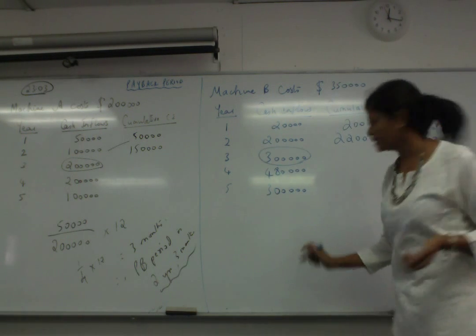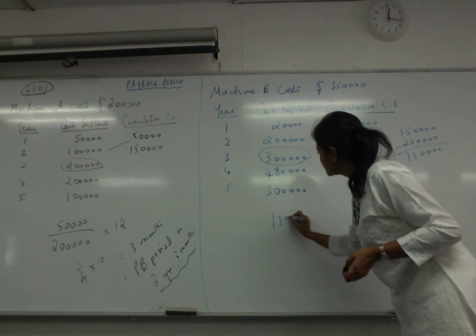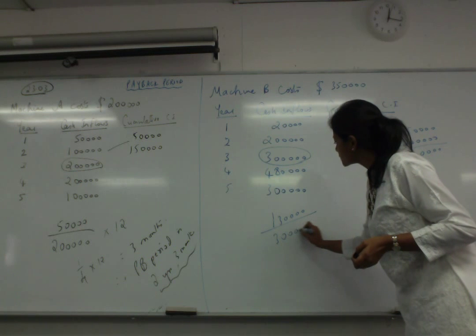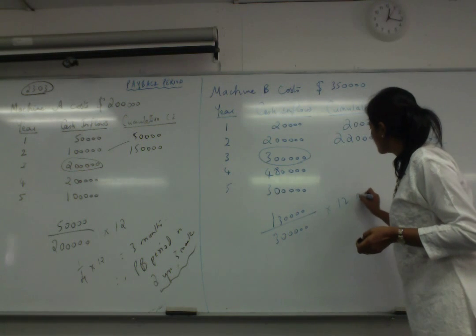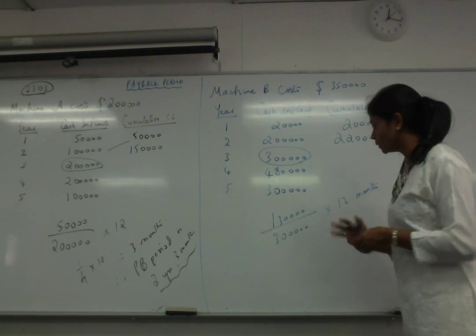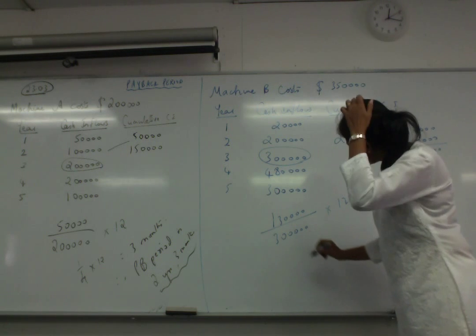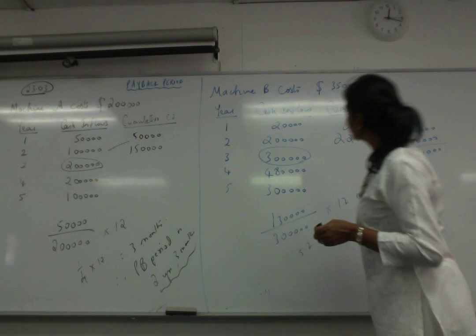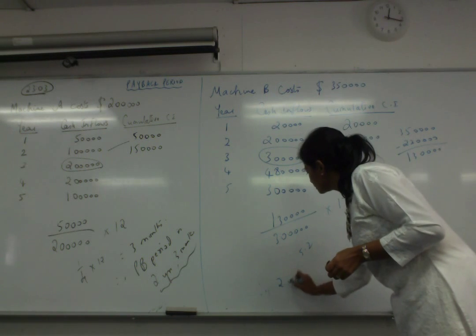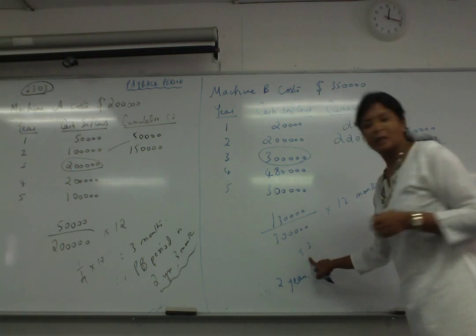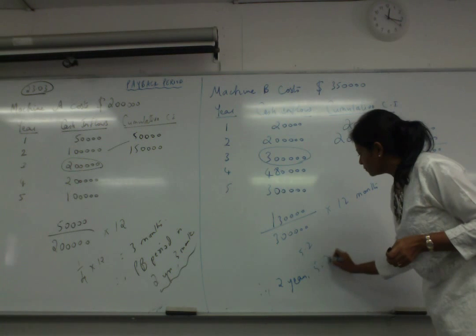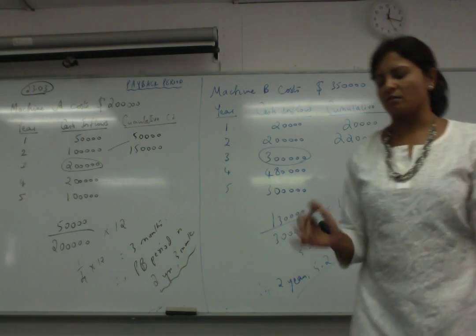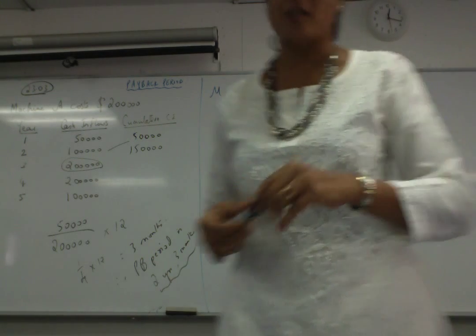So all I have to do is $130,000 over $300,000 times 12 months, which is, I guess, 5.2. Okay, so the answer is 2 years, and I'm not going to do anything to this figure. Just write 5.2 months. I don't want it in days and hours and all that. Just write what you get there.